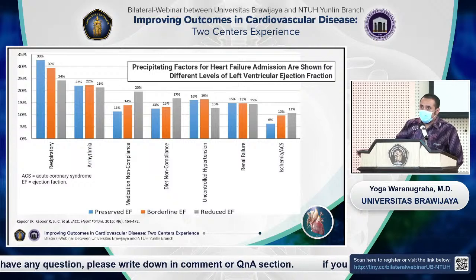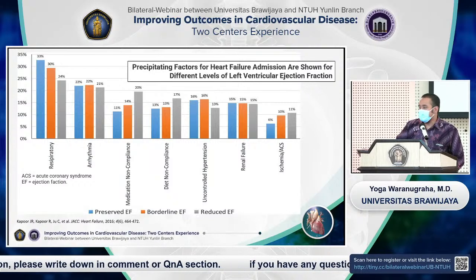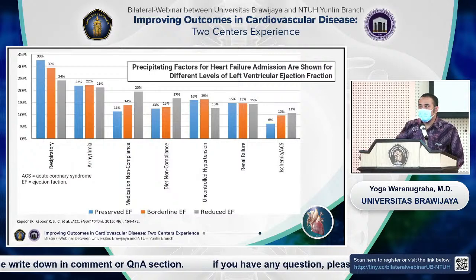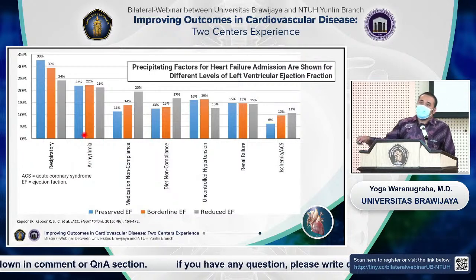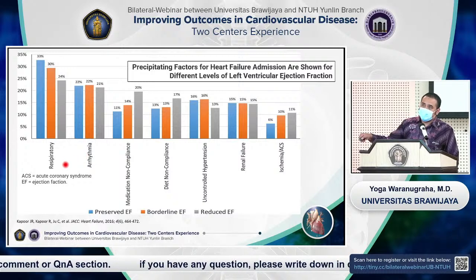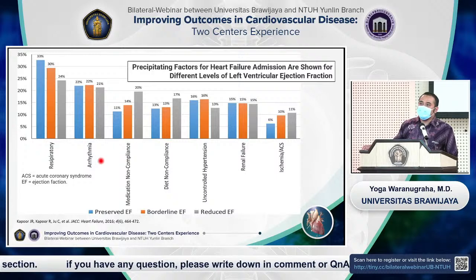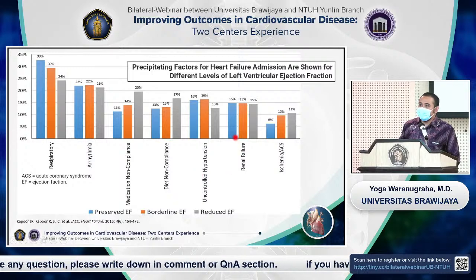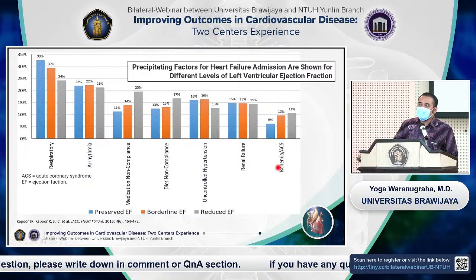Data from the Get With The Guidelines registry in the USA revealed that the most common precipitating factors for hospital admission for heart failure are respiratory tract infections, arrhythmia, medication non-compliance, diet non-compliance, uncontrolled hypertension, renal failure, and the last is ischemia or ACS.